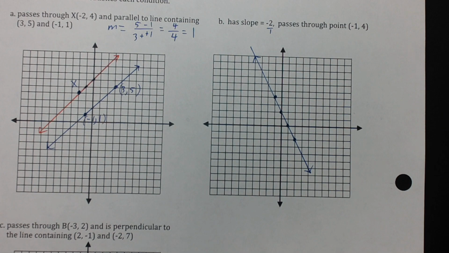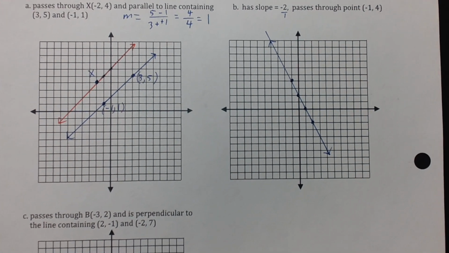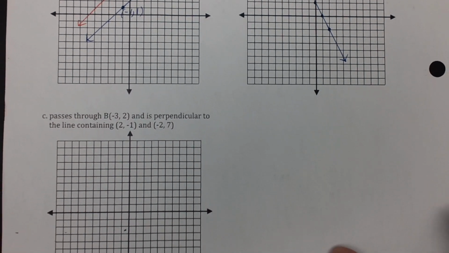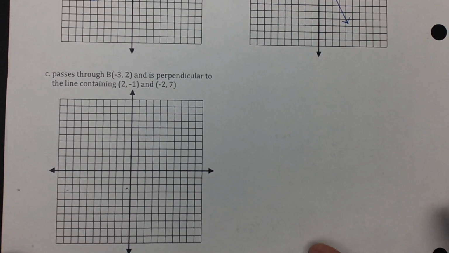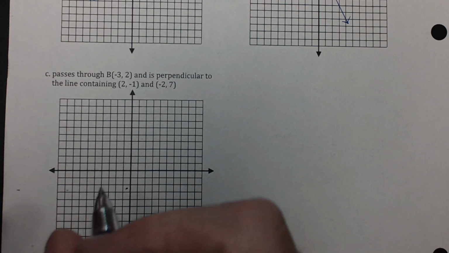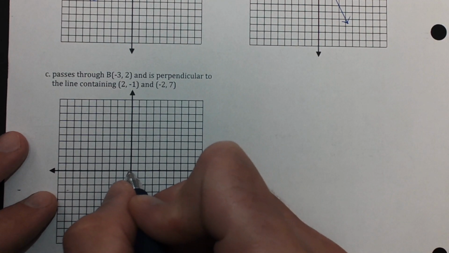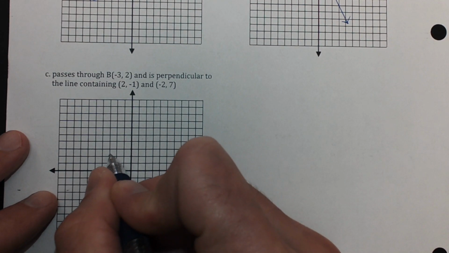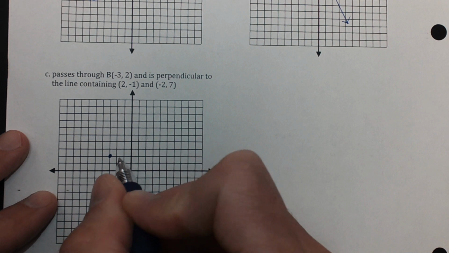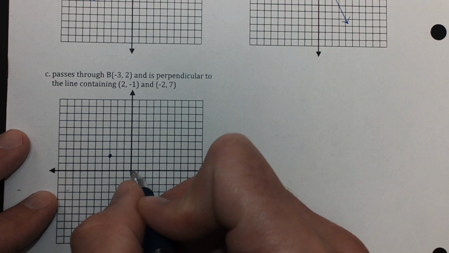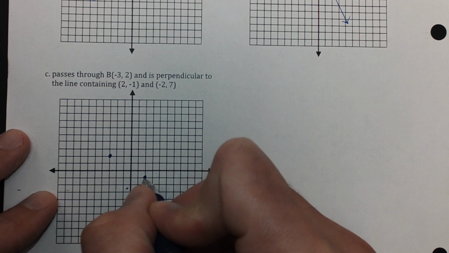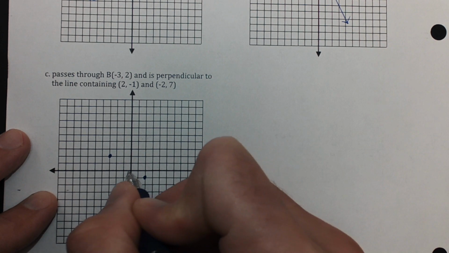That one was a little easier because we didn't have to do as much work. Now, this one's going to be perpendicular. For example C, we need to pass through point B, which is at -3, 2. So that's point B. And it needs to be perpendicular to this line at 2, -1, and -2, 7.